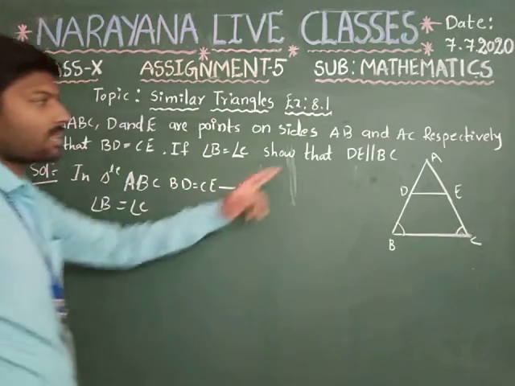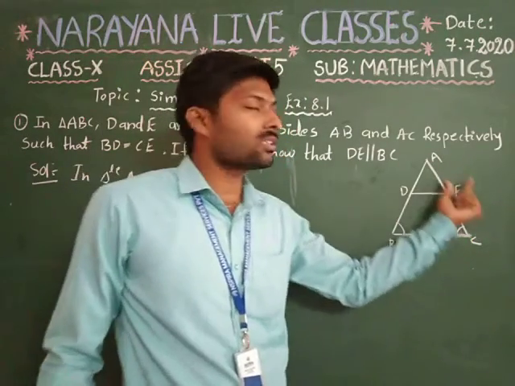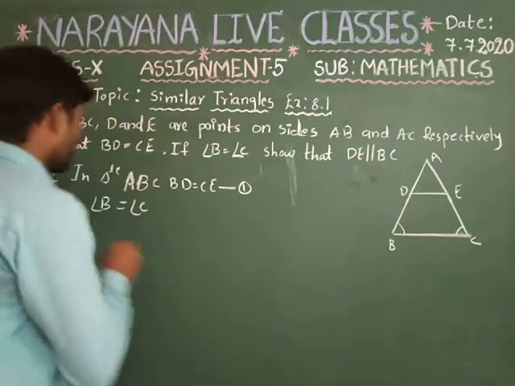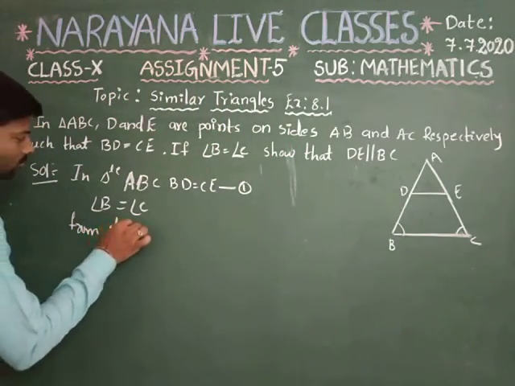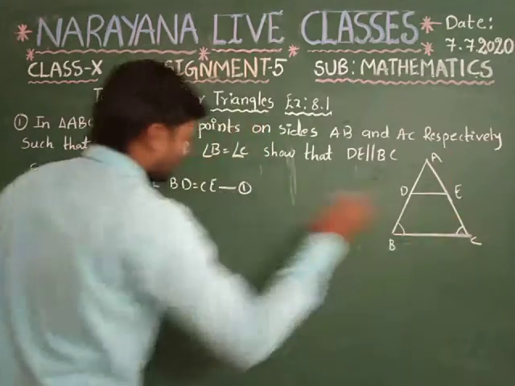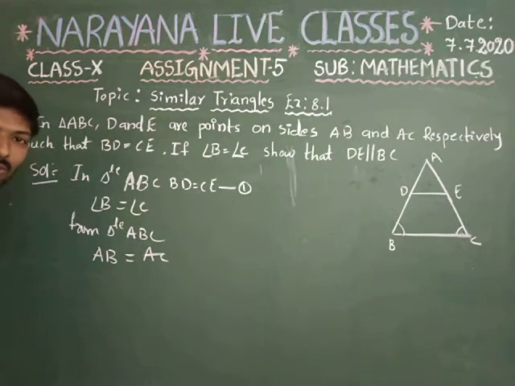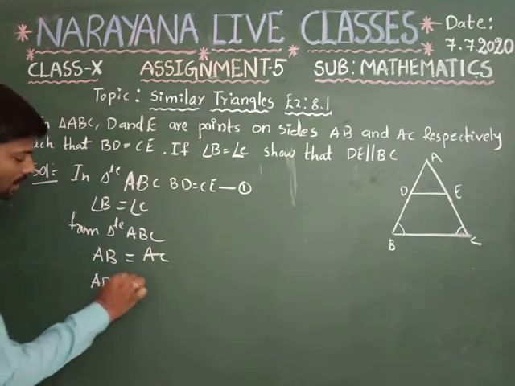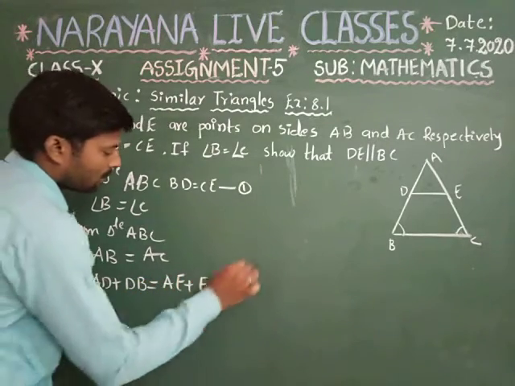So in a triangle, if any two angles are equal, I can call it an isosceles triangle, so their opposite sides are equal. From triangle ABC, I can write AB is equal to AC. This AB I can write as AD plus BD, and AC as AE plus EC.